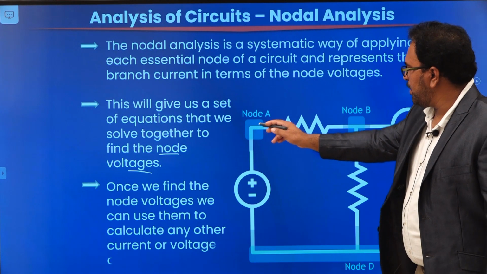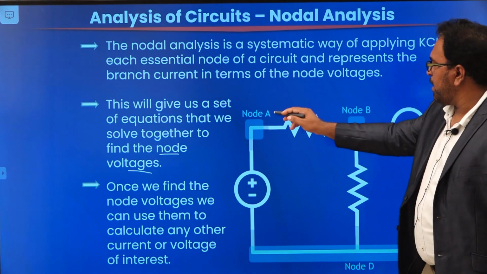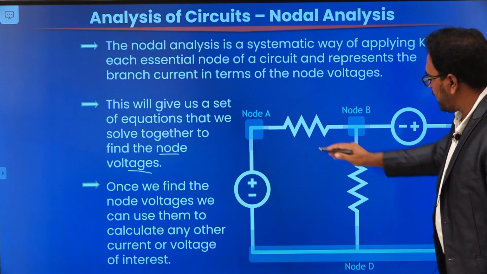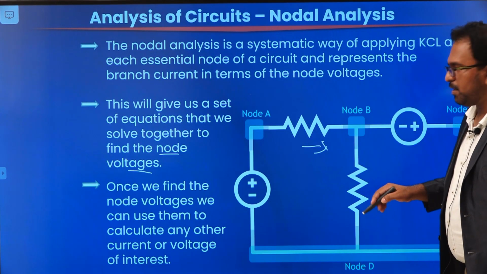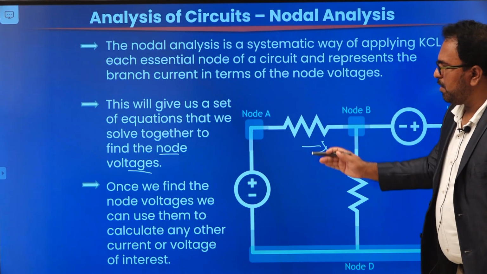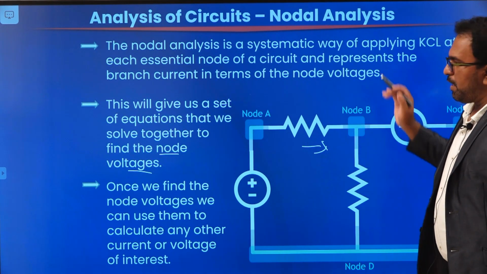The voltage at each node is calculated, and after calculating these node voltages, you can calculate any other current. If you want to calculate the current through a resistor, you can do so by means of these node voltages. So this is the introduction to nodal analysis.